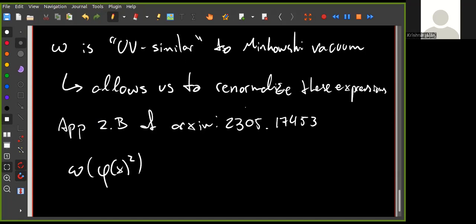Is that right to say? Yes, correctly. So the only demand is that when you go to very high energy scales, or low length scales, they should correspond to the Minkowski vacuum. So you can have very high energy excitations, but you cannot have infinitely many, for example. They should somehow decay as you go to higher energies.